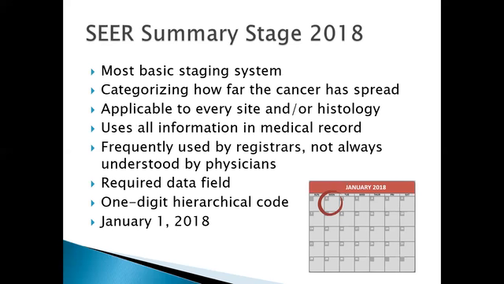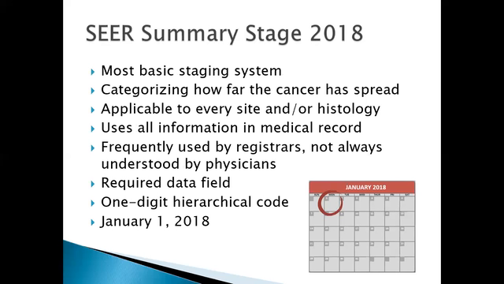However, the summary stage categories are broad enough to measure the success of cancer control efforts and other epidemiological efforts. So that's why SEER is so important, because they really use the SEER staging to determine if we are being successful with cancer control efforts and other epidemiologic efforts.